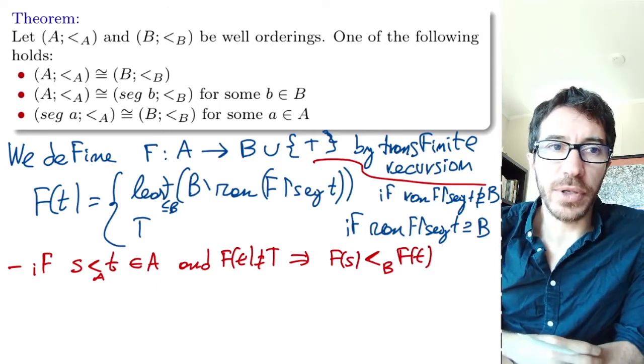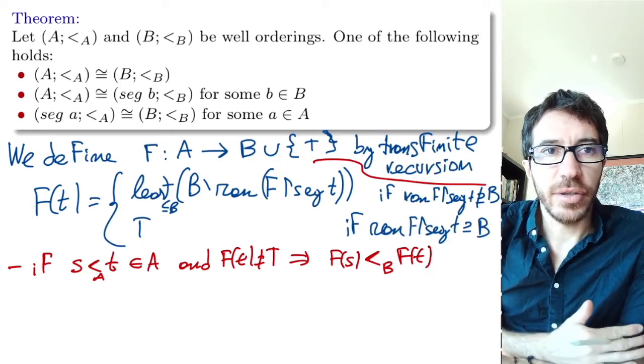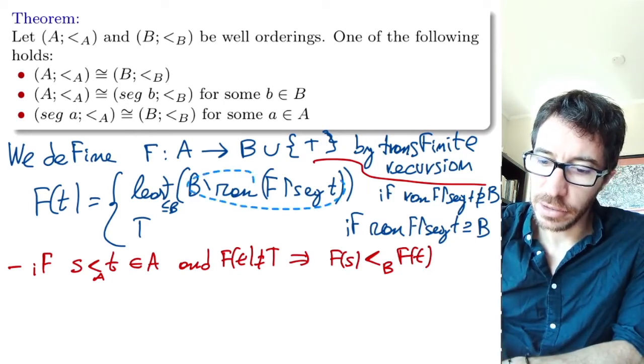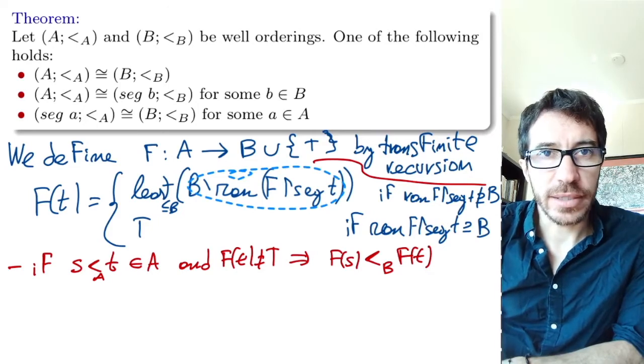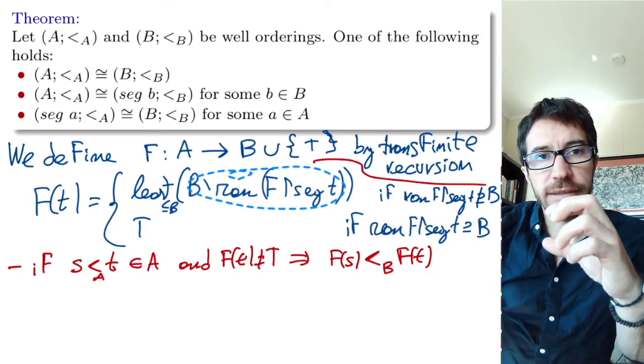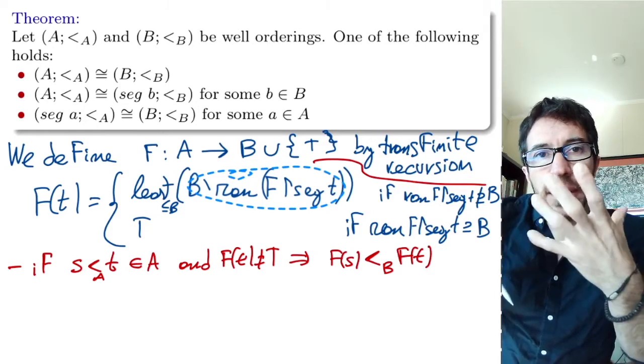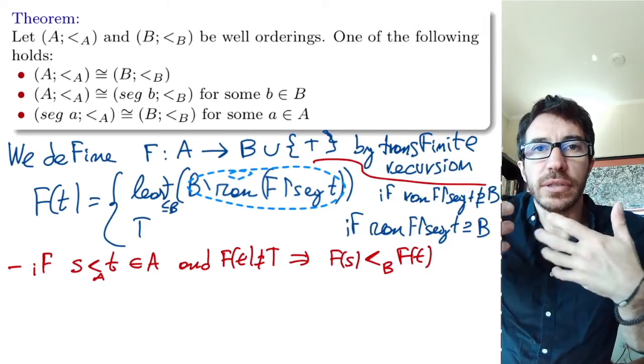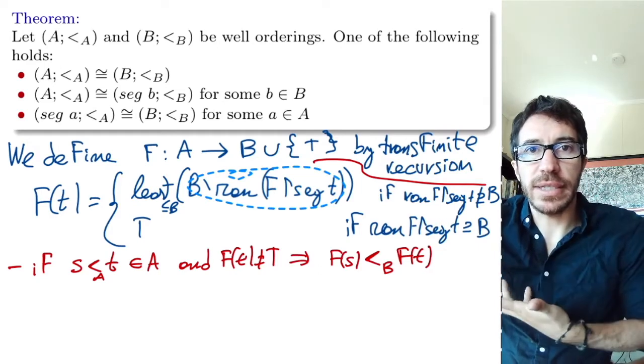Why is that? Well, when you define s, you define s to be the least element of B minus this range up to s. And when you define t, you did the same thing, but you took a smaller set, because by the time you define t, you have removed more things from B, right? The range is larger, right?